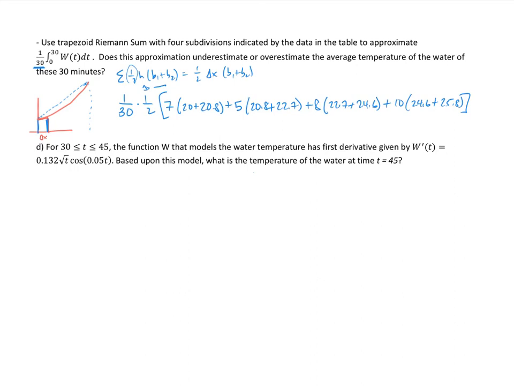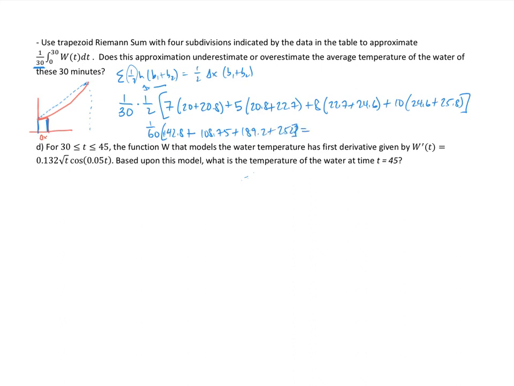Working all this out, we end up with 1 over 60, and I'm going to spare you the detail. Well, here, I'll give you these values in between: 142.8 plus 108.75 plus 189.2 plus the 252.